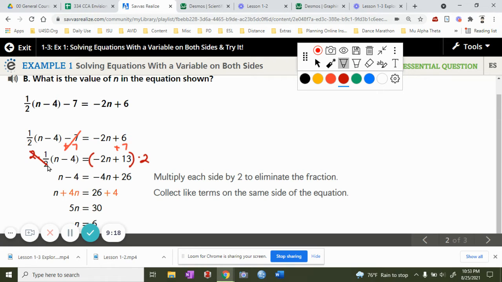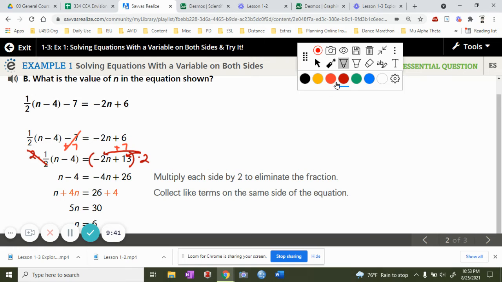So this eliminates, and I distribute the 2 in. Okay. So we have n minus 4 equals negative 2n plus 26. 2 times 13 is 26.